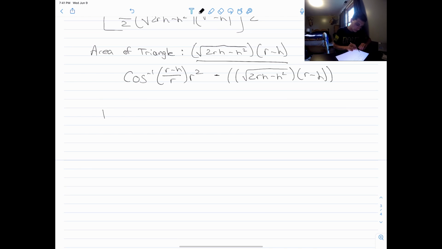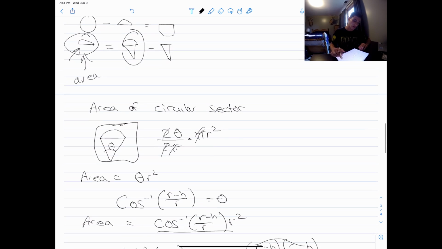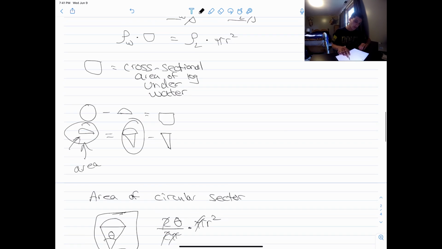So now we do pi r squared, which is the area of a circle, minus the arc cosine of r minus h over r times r squared, minus this full area of the triangle. That gives us the cross-sectional area of what's under the water.